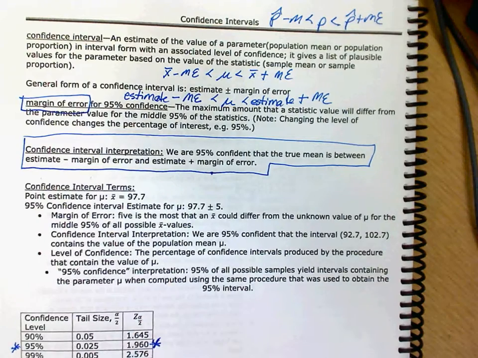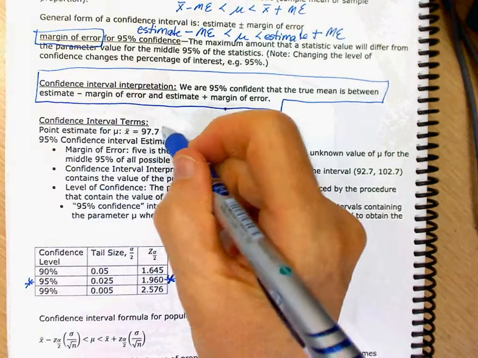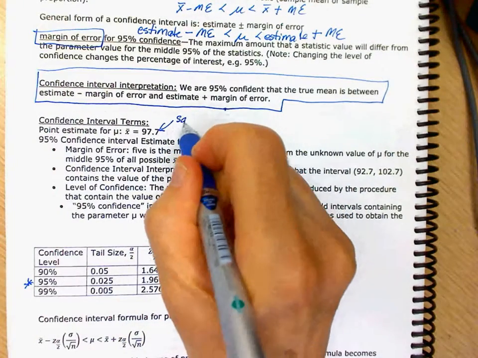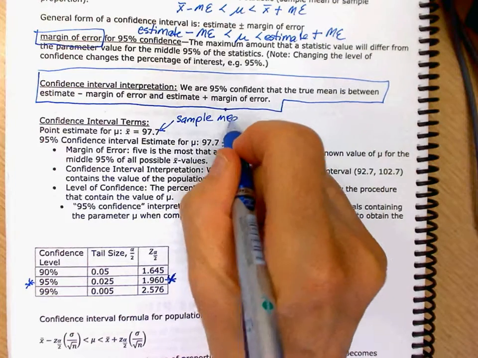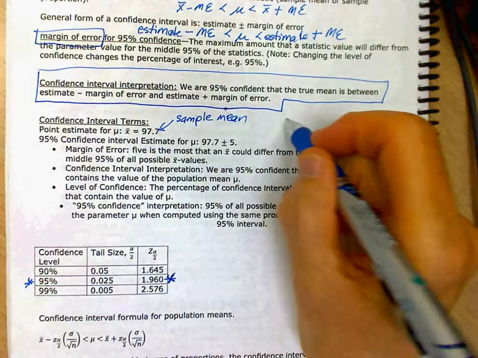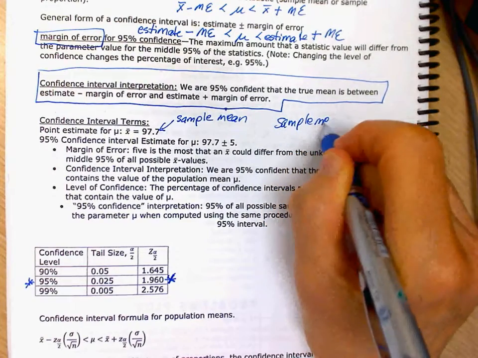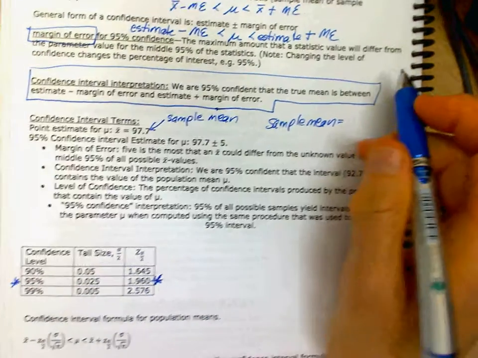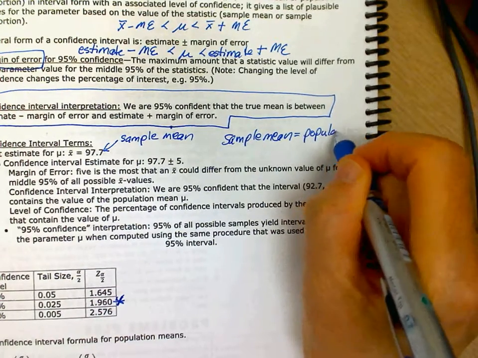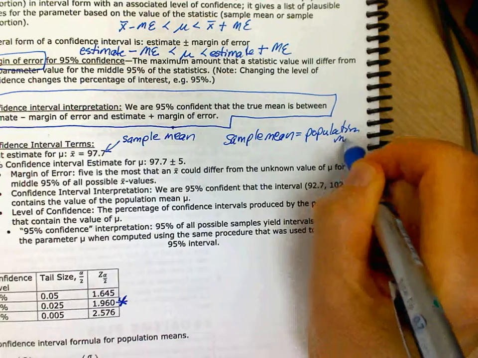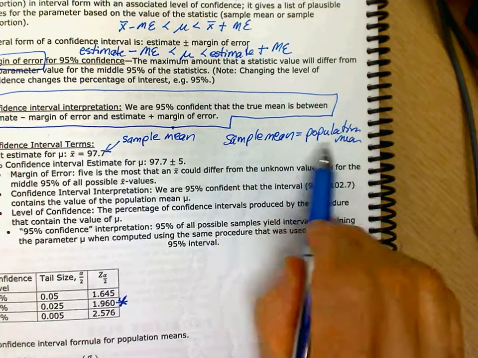So here's maybe a more specific example. Let's say we find the sample mean to be 97.7. Well, we can't say the sample mean equals the population mean, because the sample just has a few values in it compared to the population.